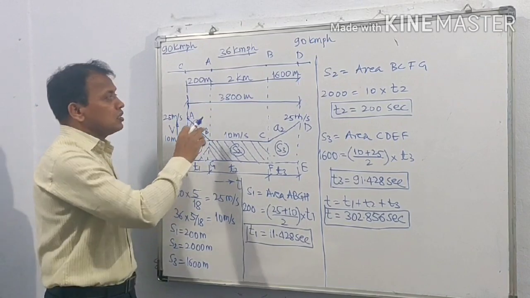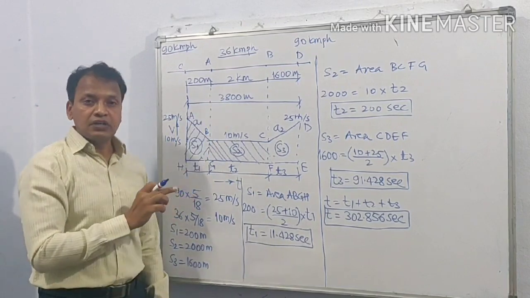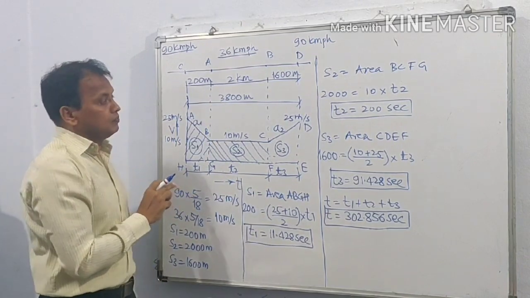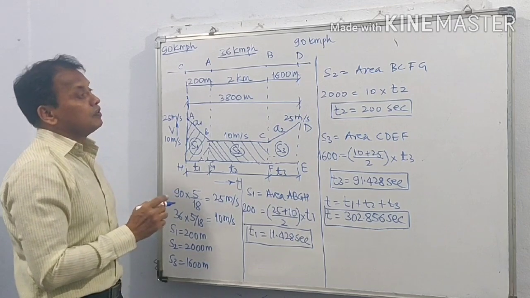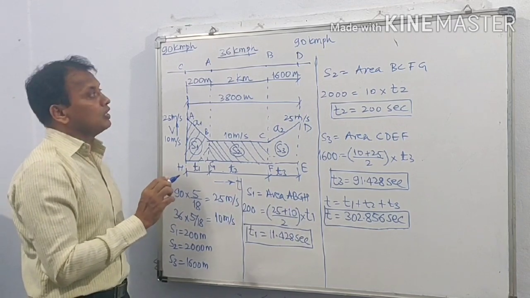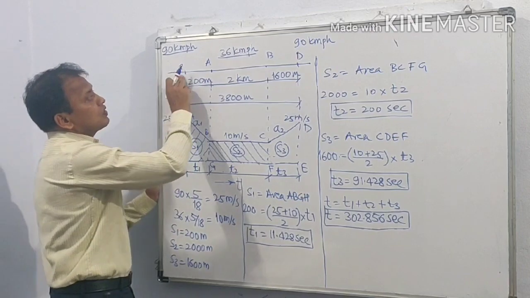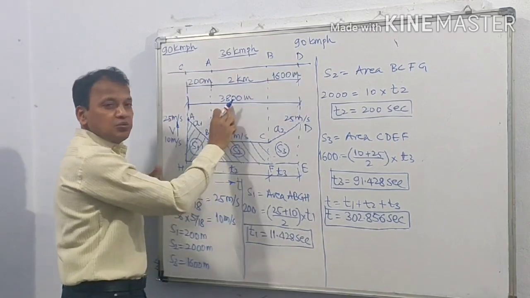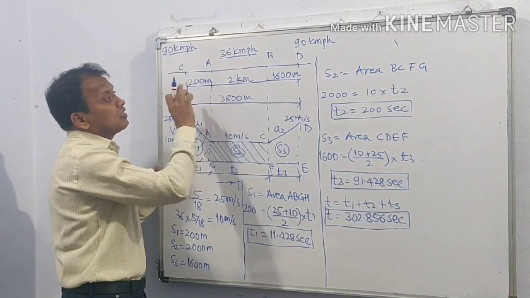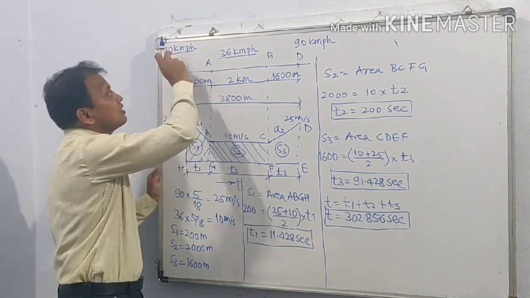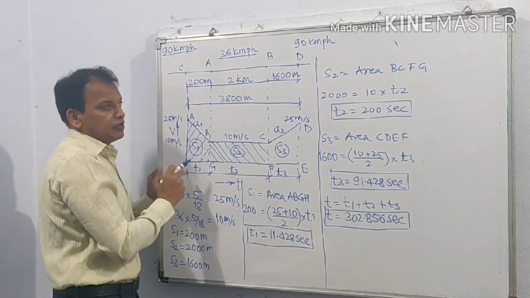The distance was 3800 meter, that is 3.8 kilometer. Now, if the repair works are not going on, then for this entire length, that is 3.8 kilometer length, the train would have traveled with velocity 90 kilometer per hour.